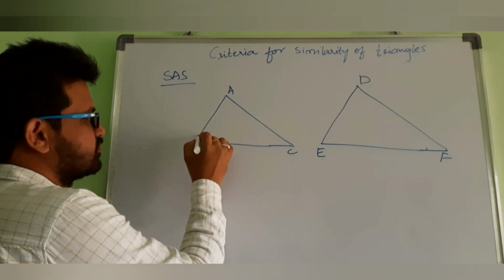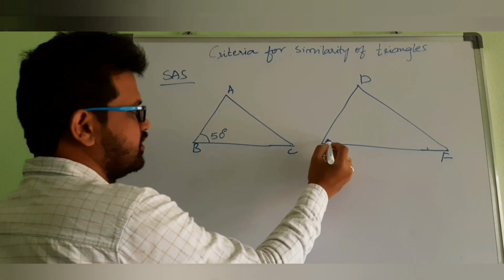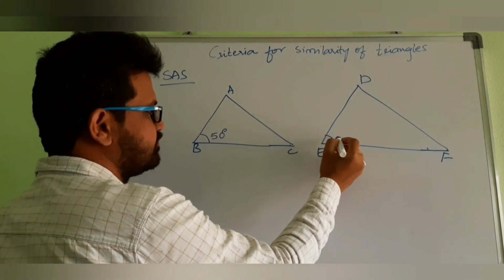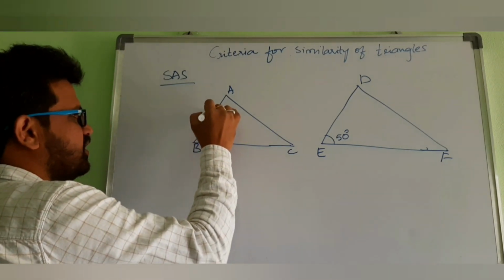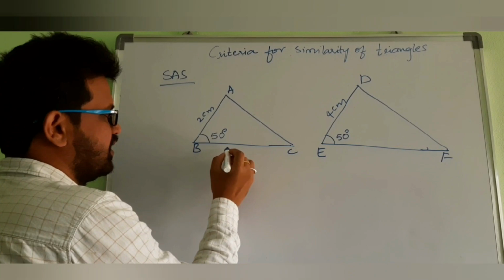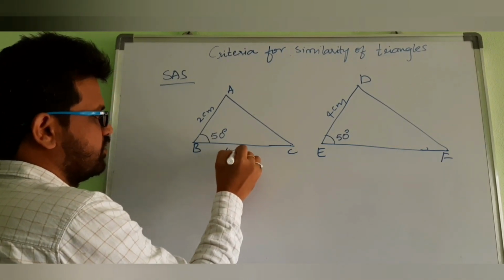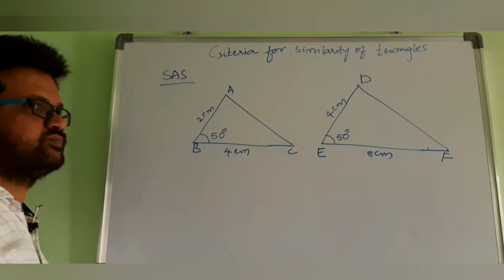In this, angle B is 50 degrees and angle E is 50 degrees, AB is 2 centimeters, BC is 4 centimeters, DE is 4 centimeters, and EF is 8 centimeters.